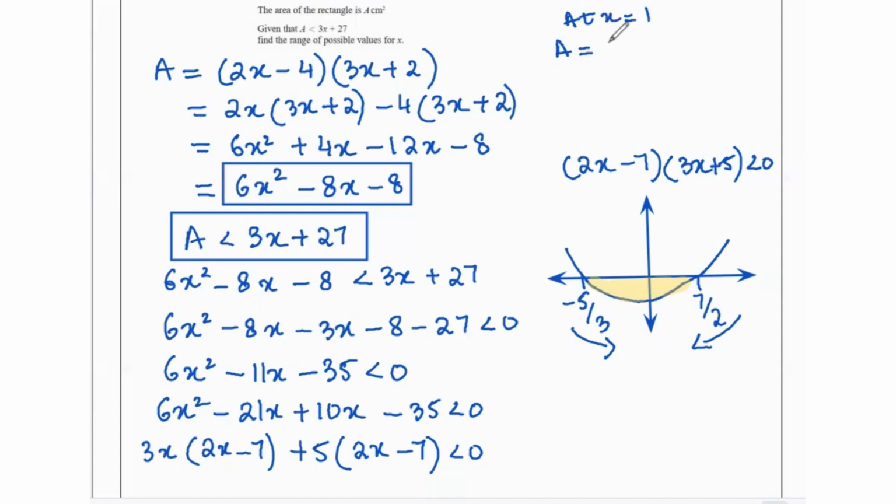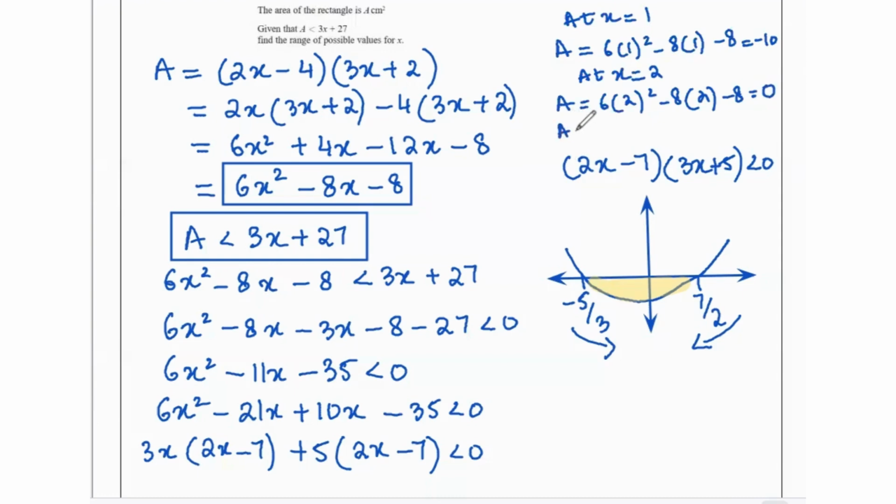what we get for the area is 6 times 1 squared minus 8 times 1 minus 8, which is negative 10. Area cannot be negative, so that means x equals 1 cannot be a part of the range. If we use x equals 2, we get a equals 6 times 2 squared minus 8 times 2 minus 8, which is giving us a value of 0. Okay.